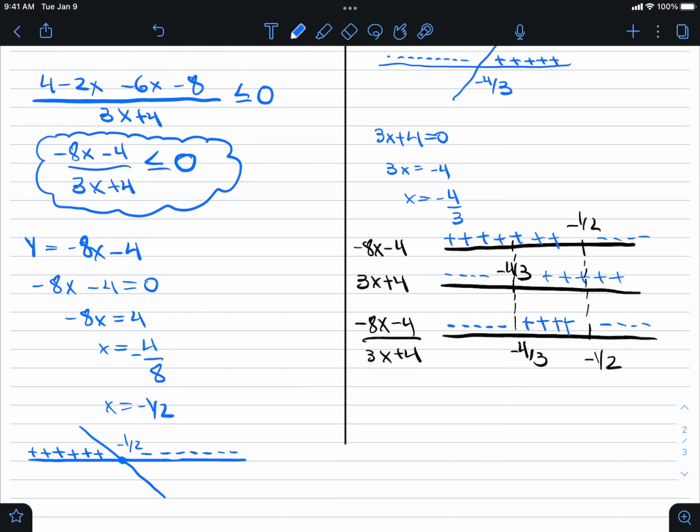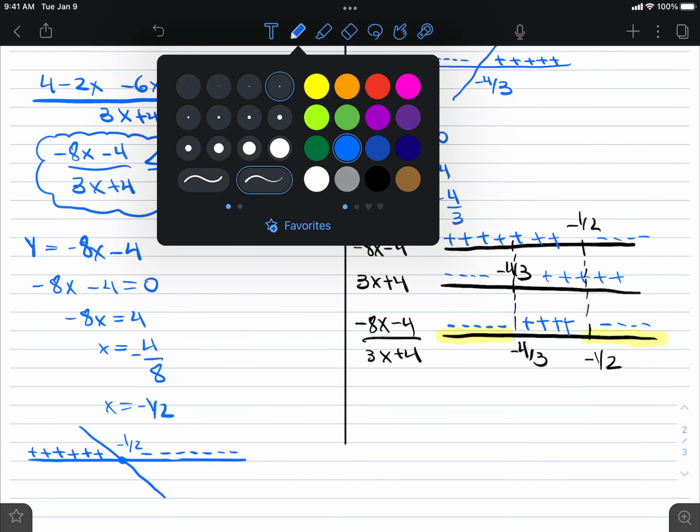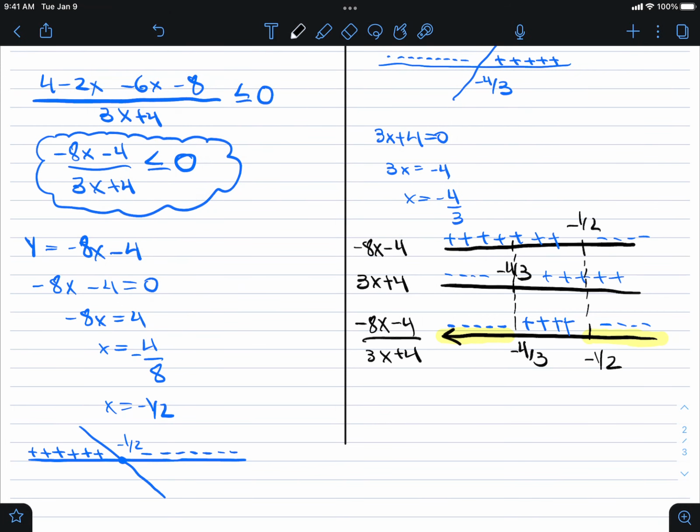I remember what I wanted. I wanted it to be less than or equal to 0. That's our provisional problem we were trying to solve. So we are interested in these two sides, these two parts of the real line, right? Remembering that this continues forever. One more problem to pay attention to.